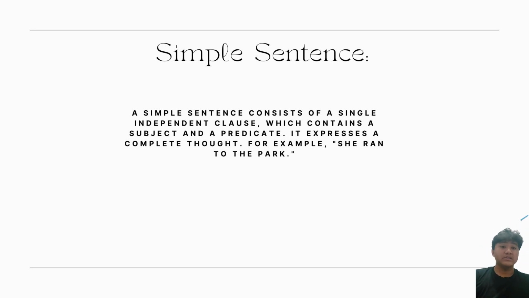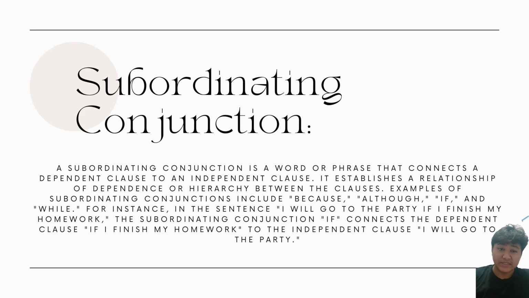Next is subordinating conjunction. A subordinating conjunction is a word or phrase that connects a dependent clause to an independent clause. It establishes a relationship of dependence or a hierarchy between the clauses. Examples of subordinating conjunctions include because, although, if, and while.